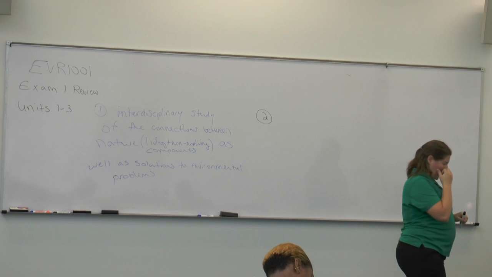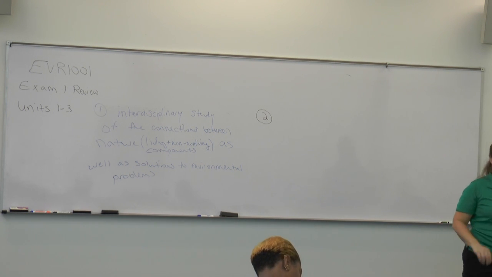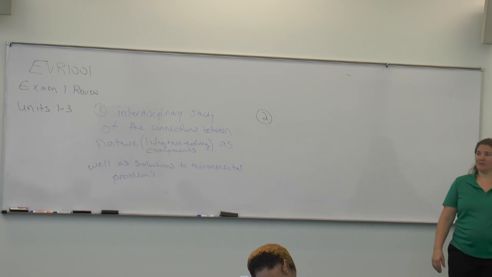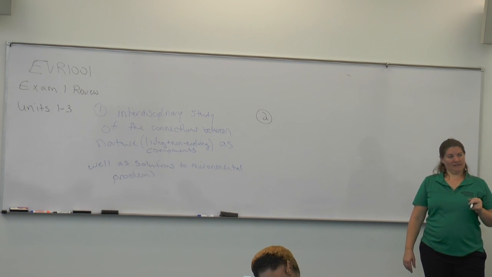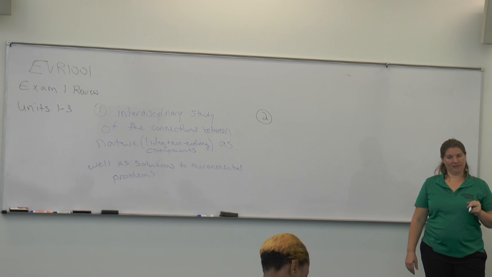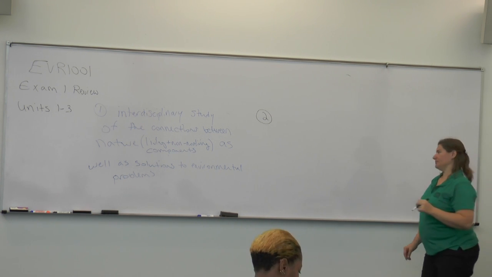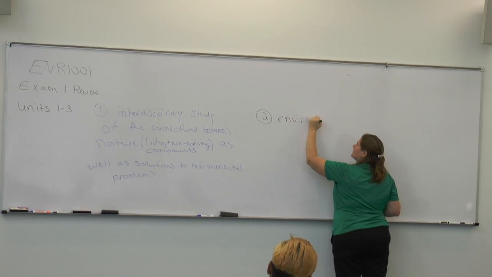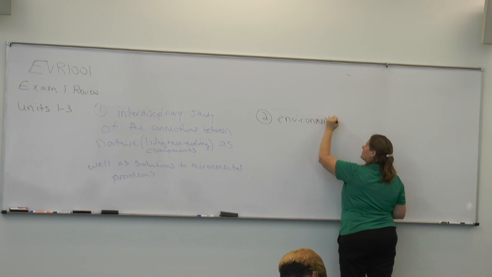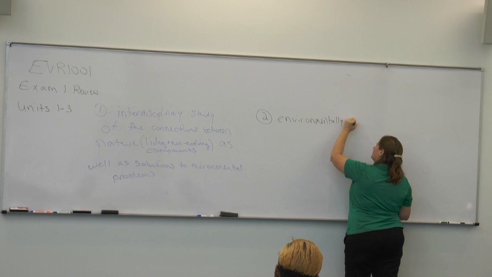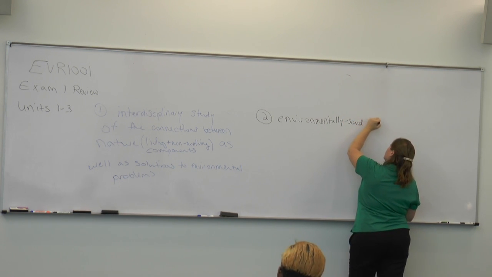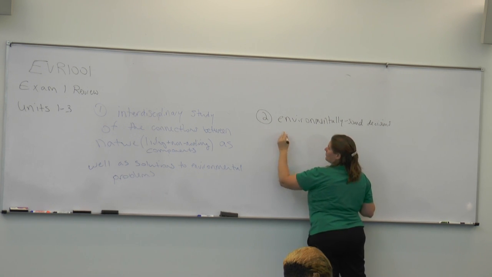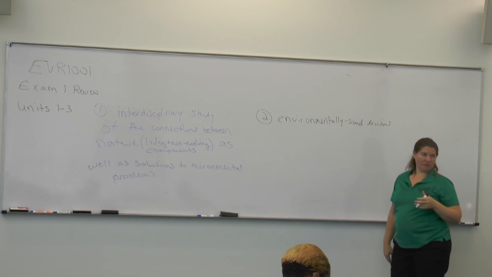So what are the 3 foundations of sustainable development? Do you remember? They're types of decisions. What kind of decisions do you have to make for sustainable development? How about environmentally sound decisions that can't harm the environment? We have to be able to pay for it, right?